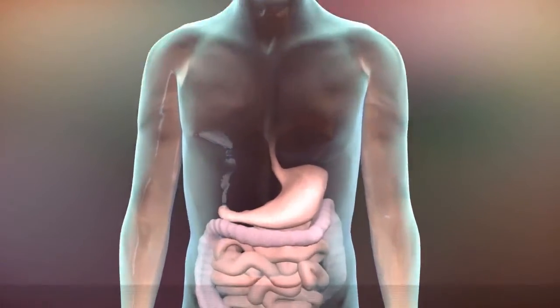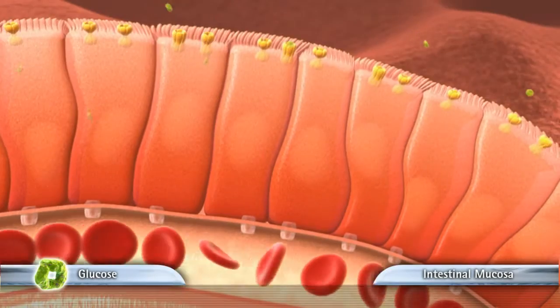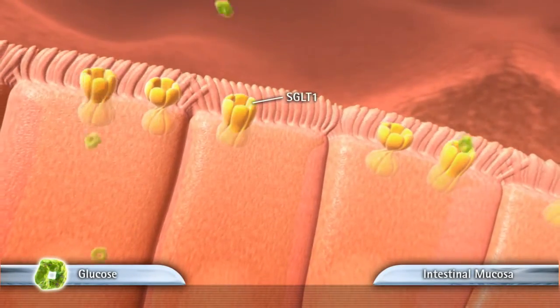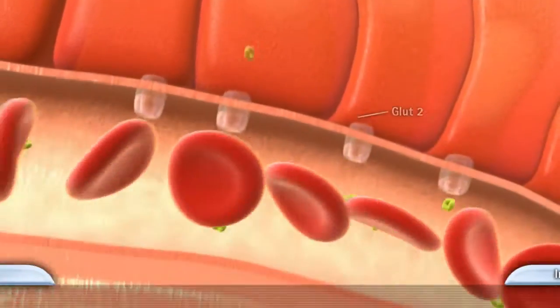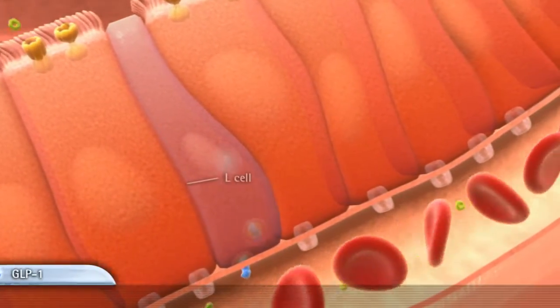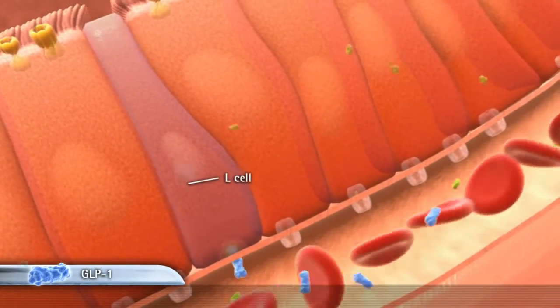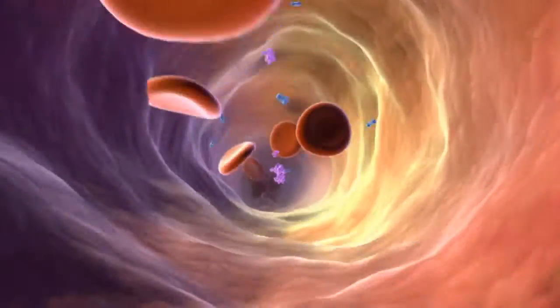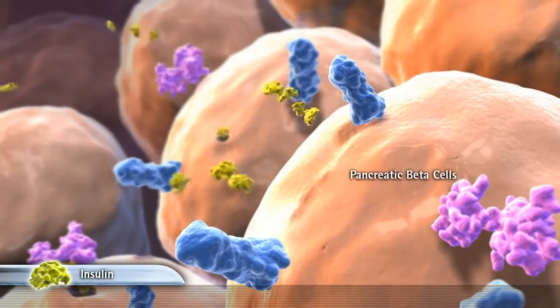After a meal, the intestine absorbs glucose via the sodium glucose transporter 1, known as SGLT1, and delivers it to the blood. In response to glucose absorption, the intestine secretes two major incretin hormones: glucagon-like peptide GLP-1 and glucose-dependent insulinotropic polypeptide GIP, which together with increased levels of glucose augment the secretion of insulin from the beta cells of the pancreas.